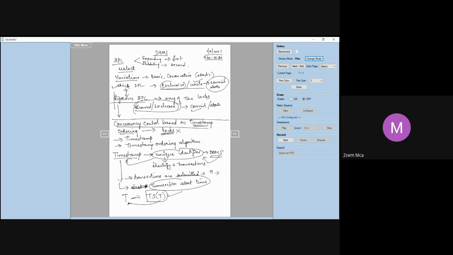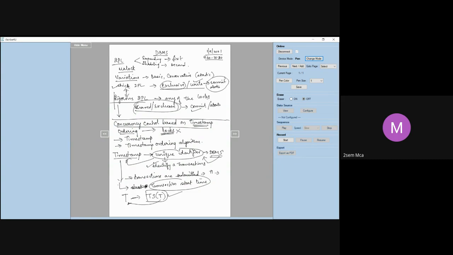Any doubt so far? Let me summarize. I said a timestamp is a unique ID which is given by the DBMS in order to identify a particular transaction. Timestamps are assigned to the transactions in the order in which they are submitted for execution.